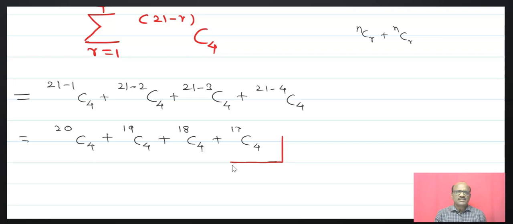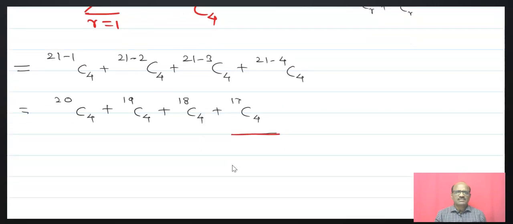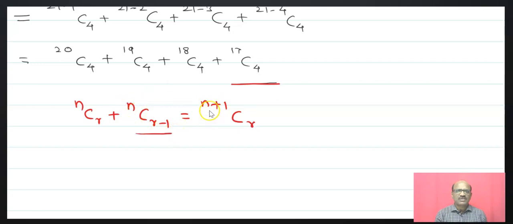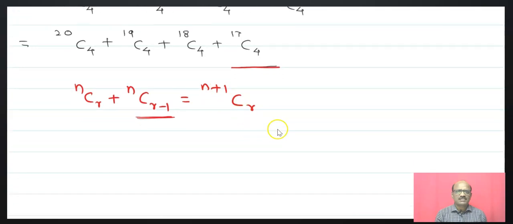Now see the last term, that is 17C4. We have the formula nCr plus nC(r-1) is equal to (n+1)Cr.